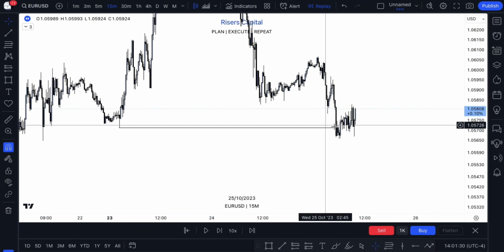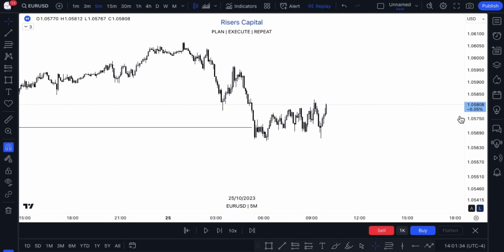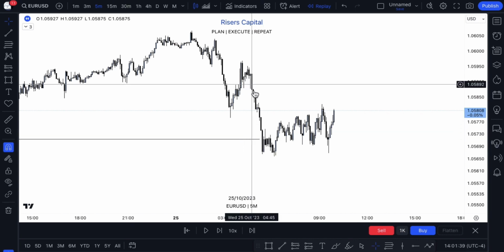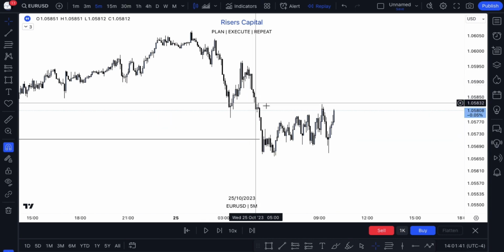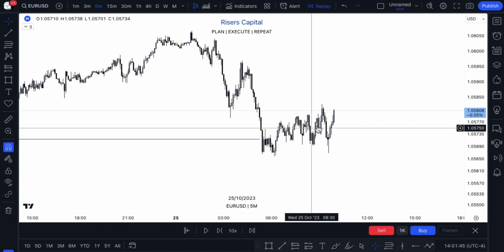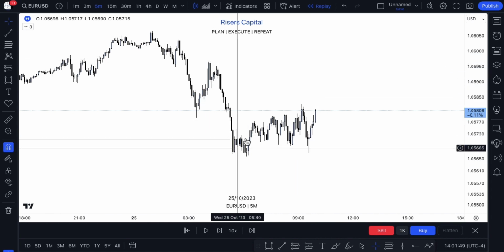So you can see we've had this liquidity sweep, and if you go back down to the 5-minute time frame, this move down was just the London kill zone. This is not the London close kill zone. This is the London kill zone, 2 to 5 a.m. And here is New York kill zone. So we just consolidated, and so essentially this was the main move of the day.